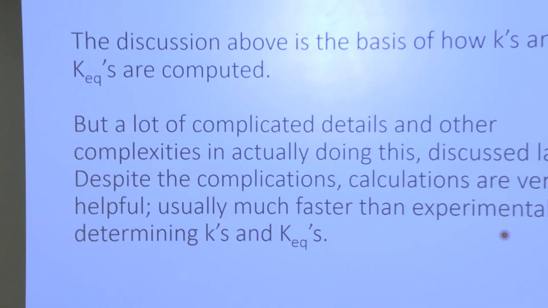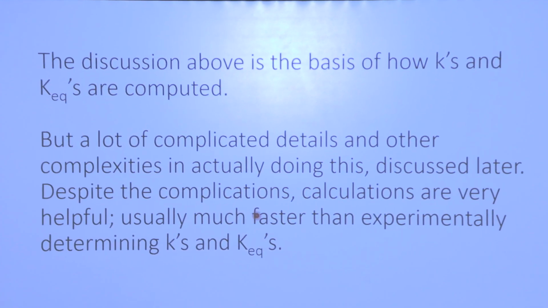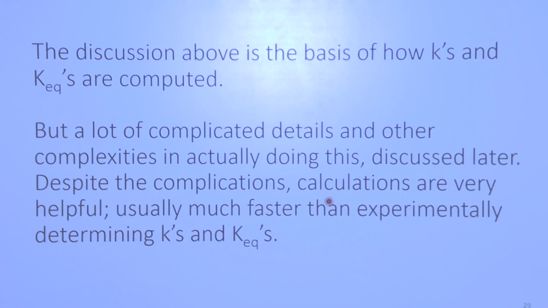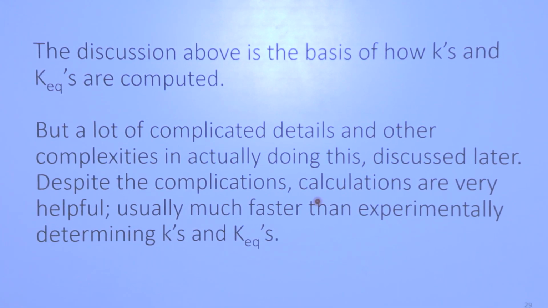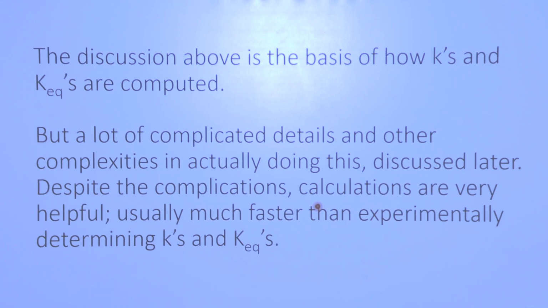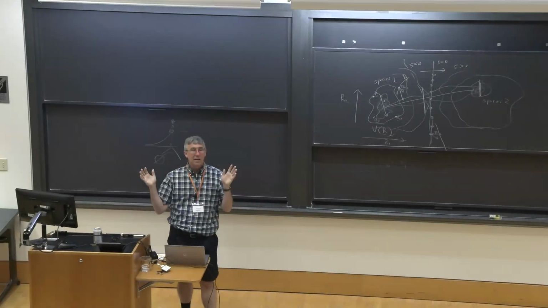Despite the fact that this is super complicated, and it's definitely very complicated, the calculations are doable. You can do them, and they're accurate enough. You have to make some approximations, like I made the hyperplane approximation. You have to make some other approximations too along the way.